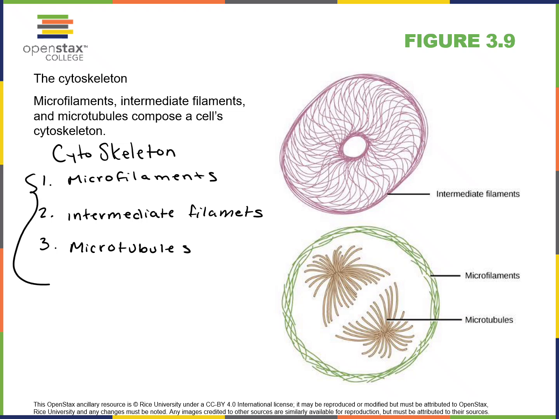Okay, they all make up the cytoskeleton. Microfilaments are the smallest. Intermediate is mid-sized, and the microtubules are large. And they just help with keeping the cell upright, for lack of a better word. They are the internal structure of the cell.